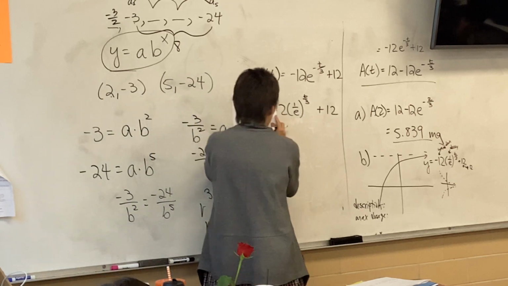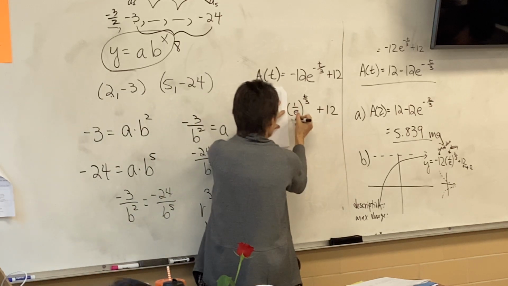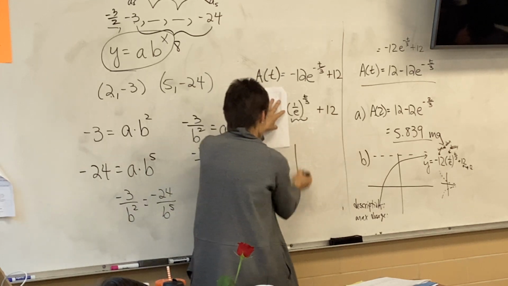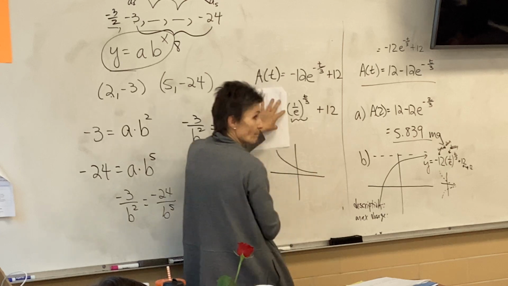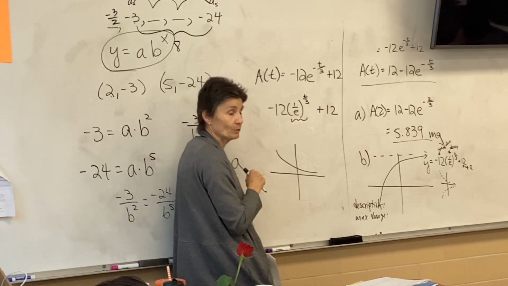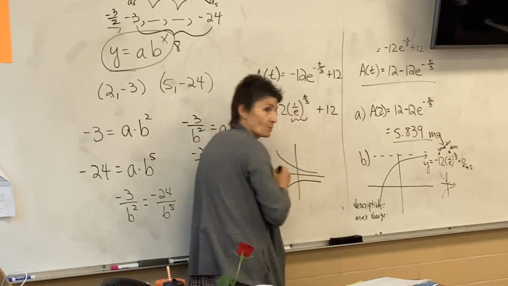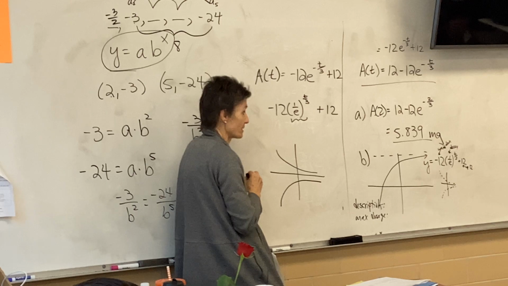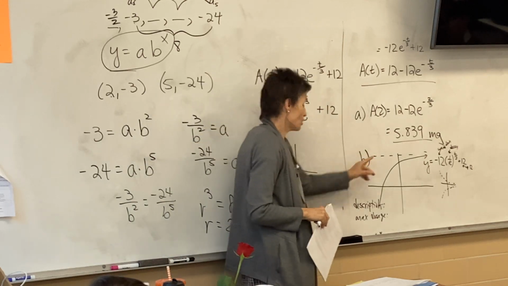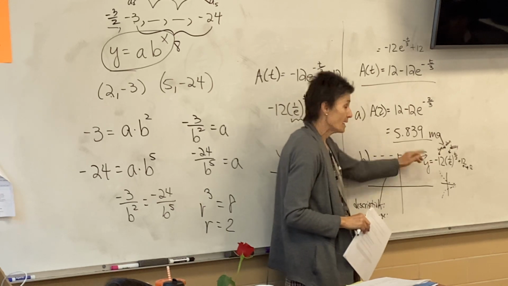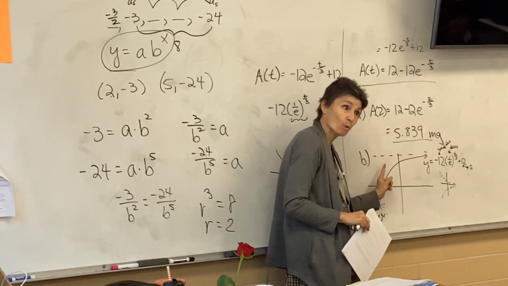Then I recognized, forget everything else, what does this tell me about my equation? Decay. So I'm starting with this. But what does timesing it by -12 do? Turn it into this, right? And then what does adding 12 do to it? Moves it up. So I have a shape that looks like this, but it moves up, and its asymptote is now 12.